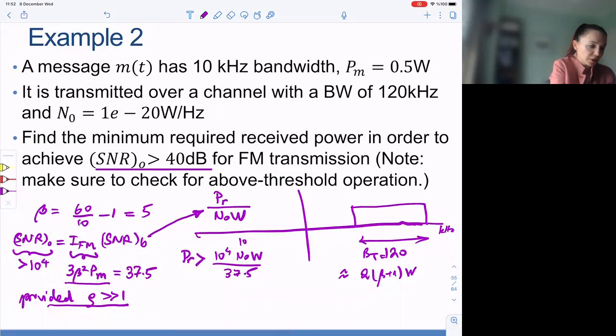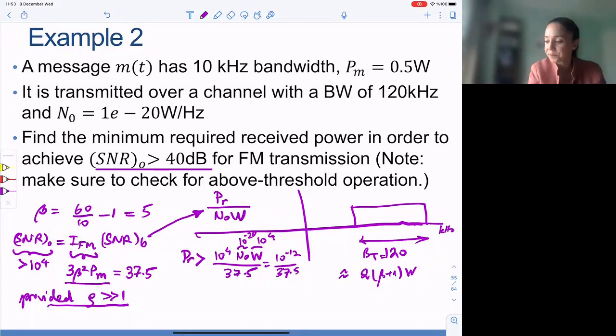N naught is 10 to the minus 20, and W is 10 to the 4. So this is 10 to the minus 16, times 10 to the 4 gives 10 to the minus 12 over 37.5, if I'm not mistaken. Right. So that's the requirement on power.